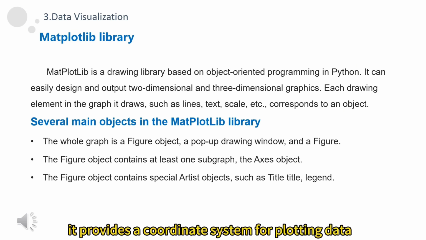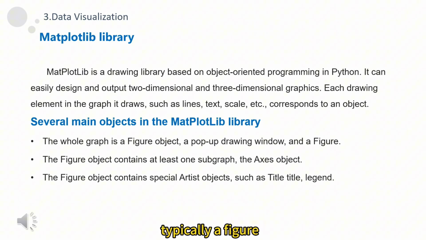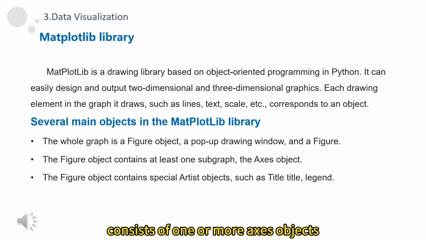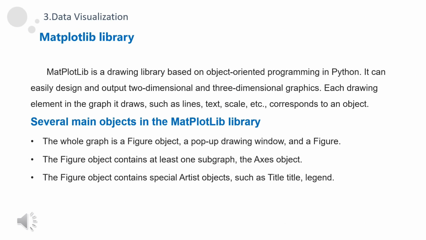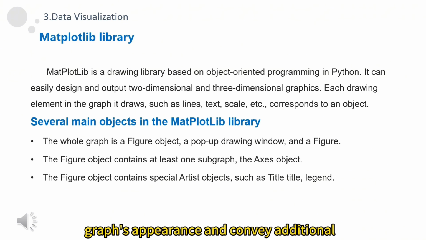It provides a coordinate system for plotting data. Typically, a figure consists of one or more axis objects. The artist. The figure object contains special artist objects, such as the title and legend, which enhance the graph's appearance and convey additional information.